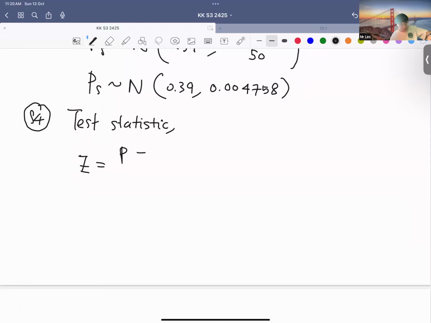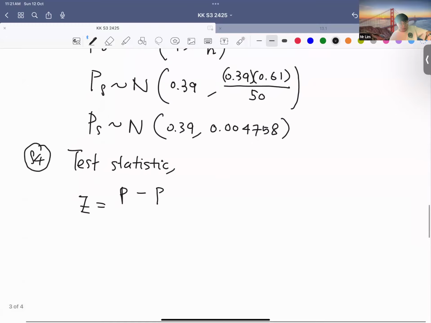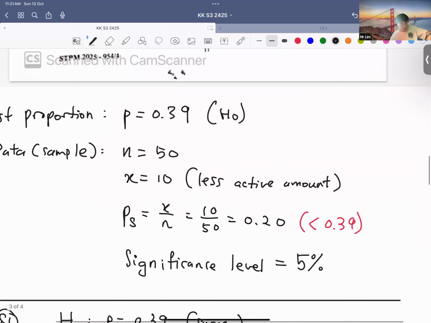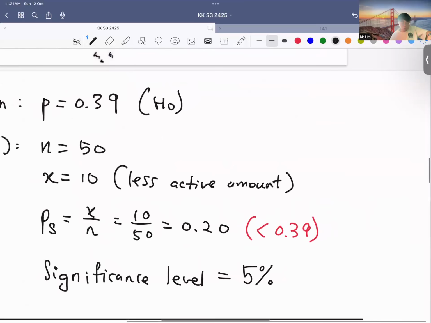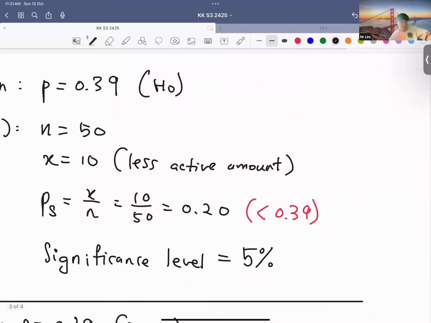P minus P what? Okay, actually, I should say it more properly. Here you have two values, right? One is P, one is PS. Better for me to give this one another name, P naught.